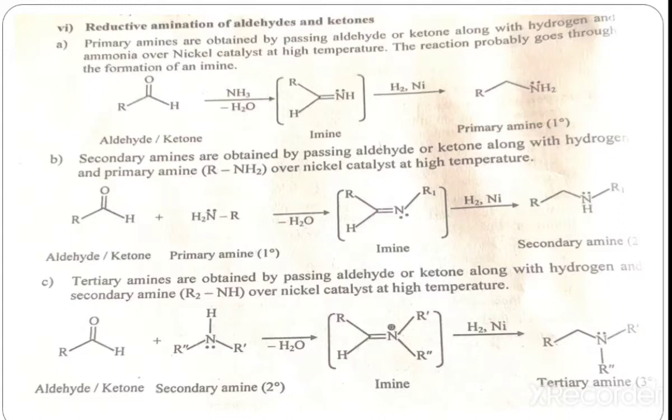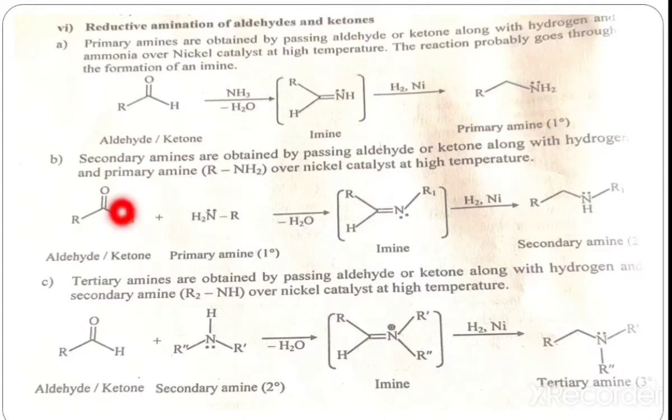Suppose we want to prepare the secondary amine, then what happens? To prepare the secondary amine, the aldehyde or ketone along with hydrogen and a primary amine is heated over a nickel catalyst at high temperature.